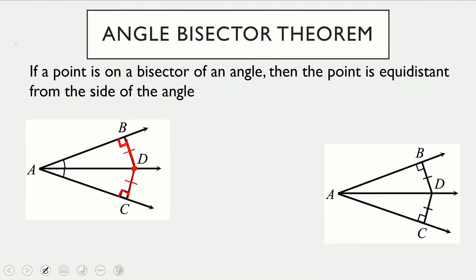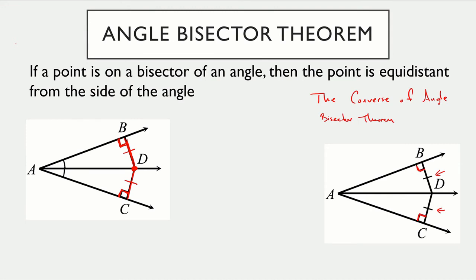And the converse of the angle bisector theorem gets you the same thing. The only difference is now we start off knowing that these two distances are congruent and that it's perpendicular to the side.